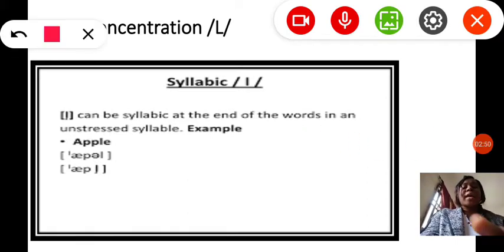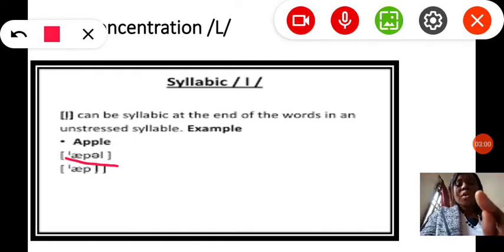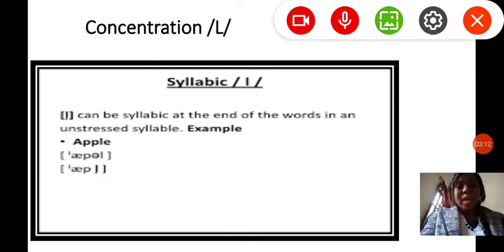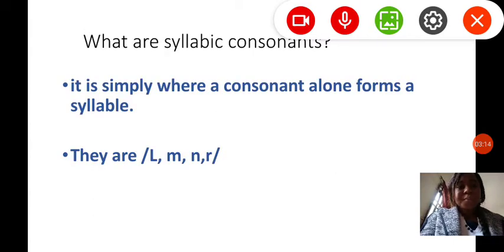So, l can be syllabic at the end of the word in an unstressed syllable. You see the word here, apple, apple. Because this syllabic consonant comes immediately after the schwa sound, the schwa sound becomes insignificant. Look at the next transcription here.